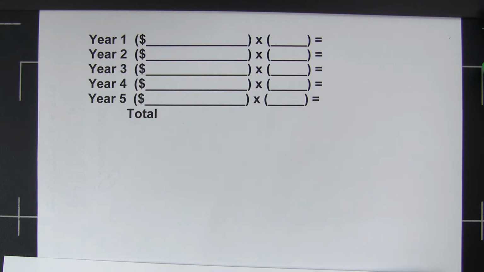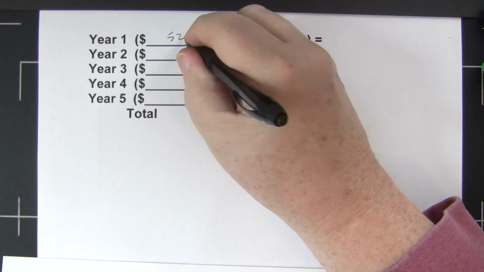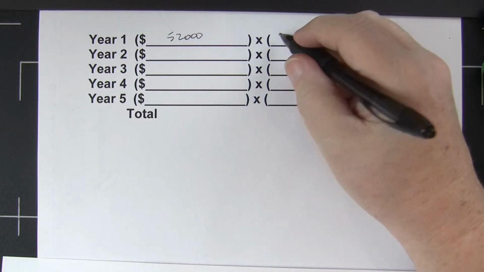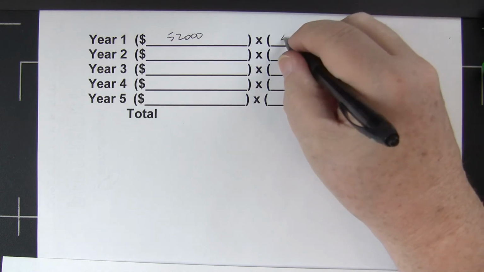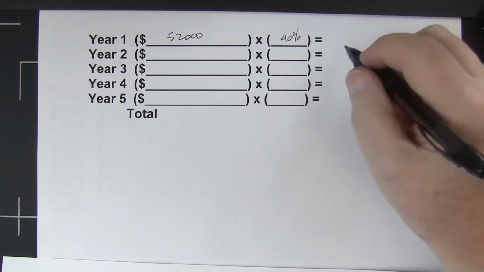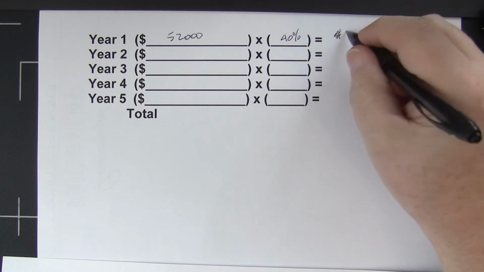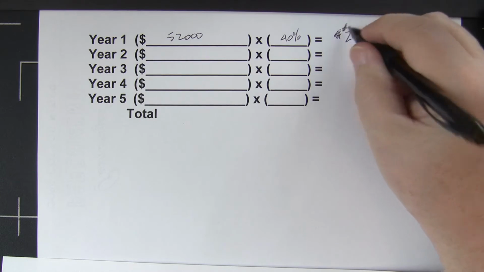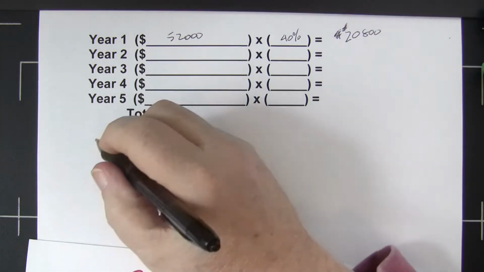So, year 1, we have 52,000 times 2 times 20%. I just cut a step out so we had more room here. So altogether we're taking 20,800 year 1.